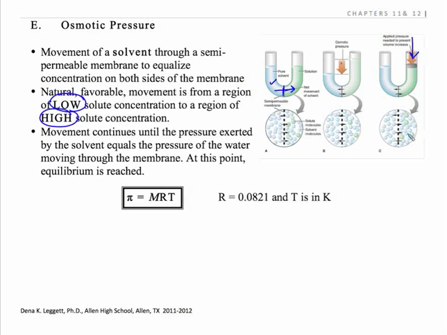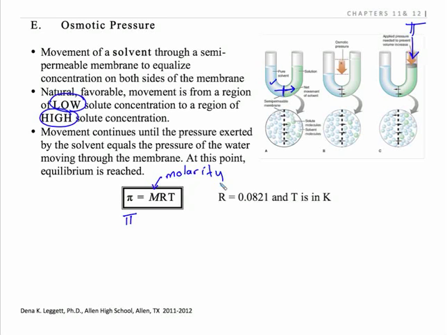Now, the pressure that would have to be exerted in order to get those levels back is called the osmotic pressure. So if we pushed back on this, we would force the water to go back through to get our levels equal again. And osmotic pressure is given the symbol pi, I think usually a capital pi there.